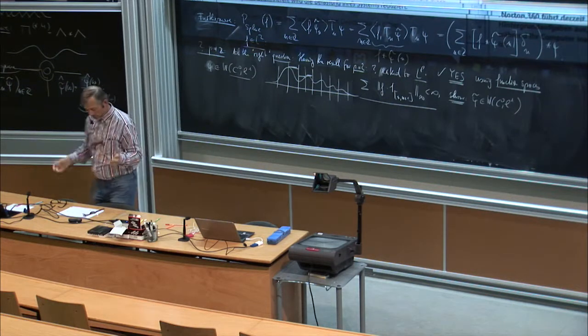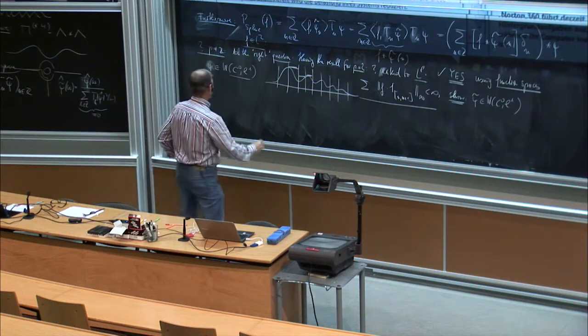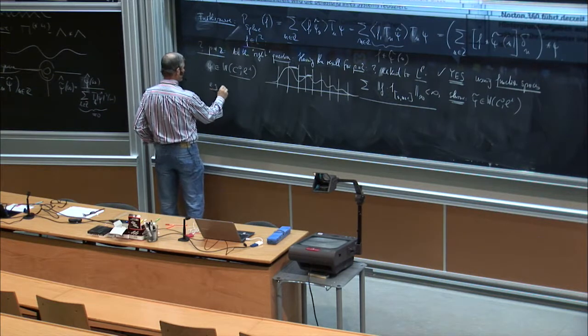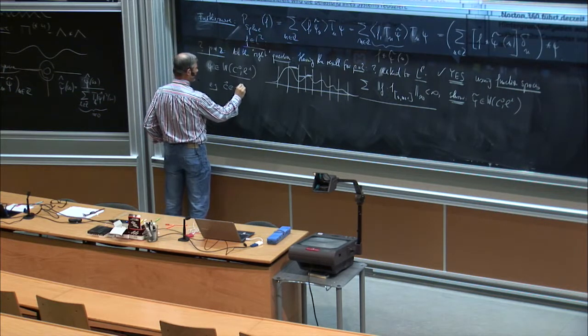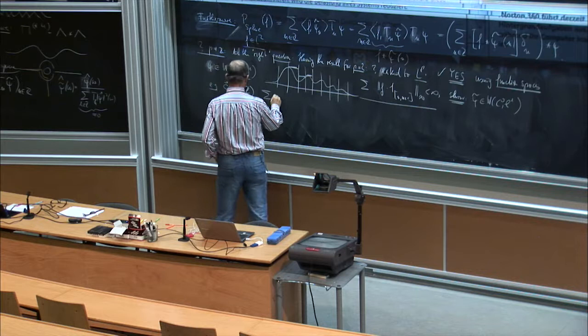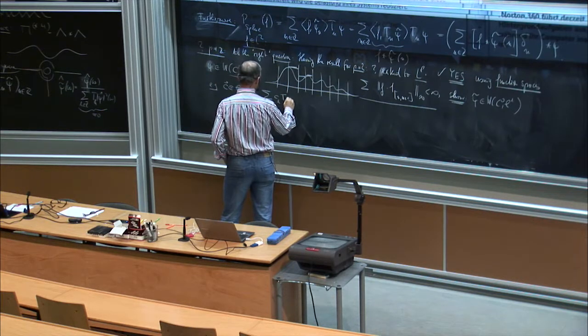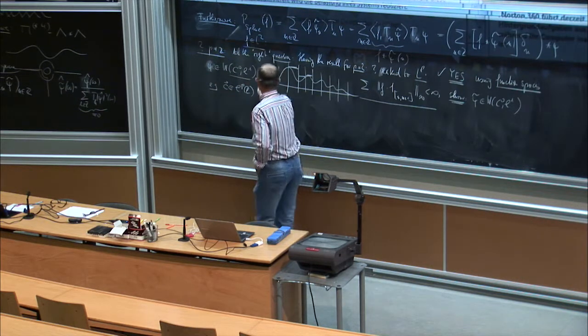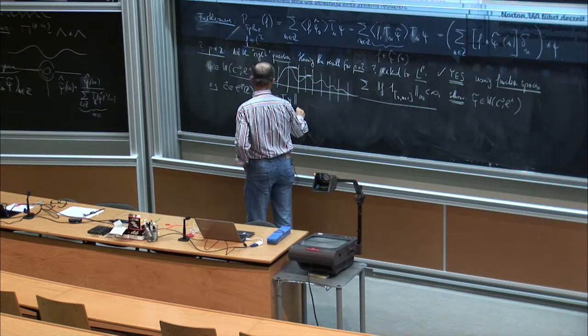So when you want to know, for example, somebody giving you an Lp sequence in c, or c^d in the general case, and you want to do a summation of c_k T_k psi, then you would expect that you can control this.